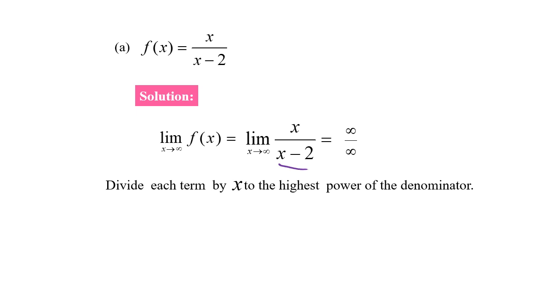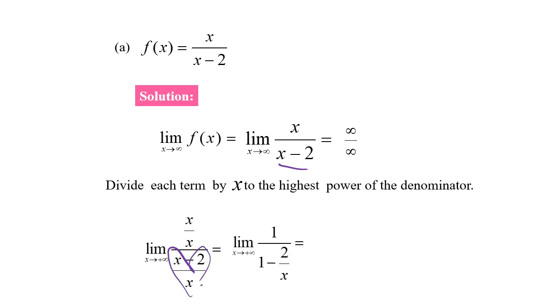What is the highest power of the denominator? x. So everything should be divided by x. So x over x, and then x minus 2 also divided by x. We separate these two. So we get x over x, which is equal to 1, and then x over x equal to 1, and minus 2 over x. The 2 over x we just leave like that because we cannot cancel anything.